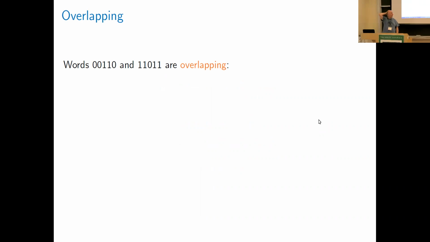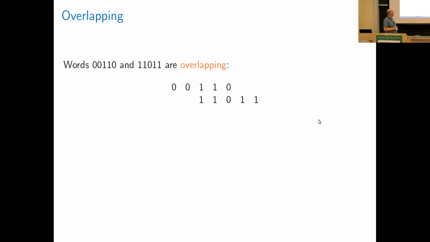what overlapping means. So here are two words, binary words in this case. They're overlapping because you can see that the end of one and the beginning of the other are the same. So you can overlap them, and the portions that overlap match. You can think of them as one written above the other, with an appropriate shift where they overlap.